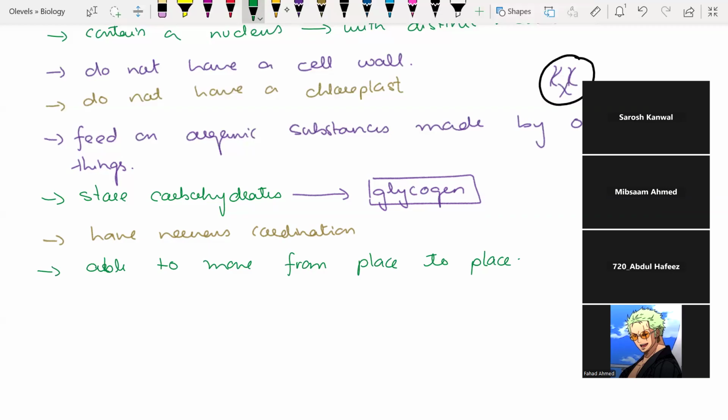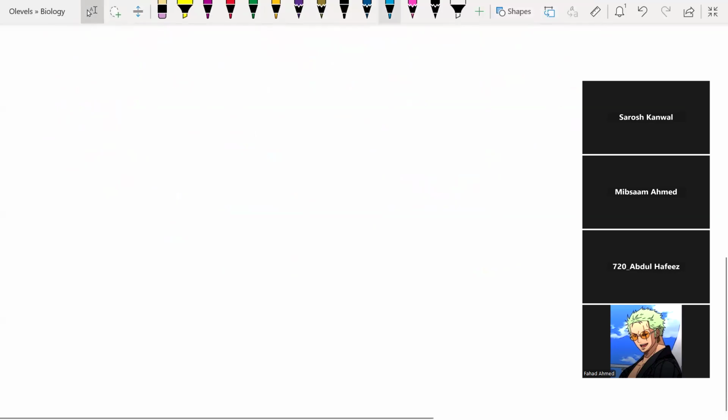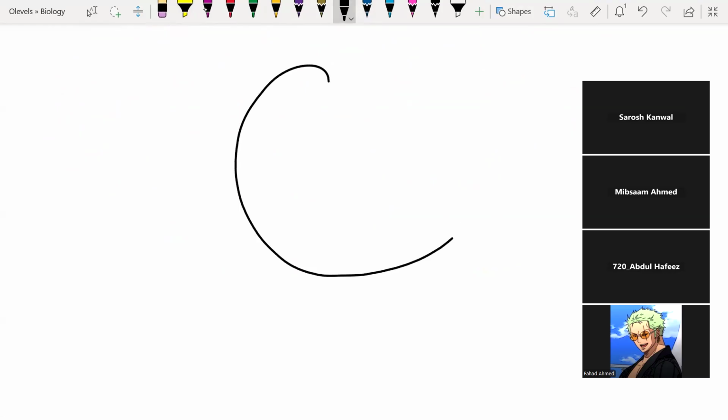So let's have a look at an animal cell. How does that look? This is how a typical animal cell will look, right?